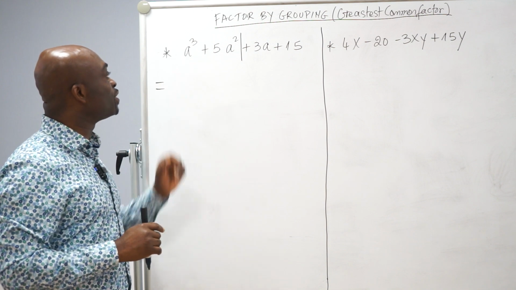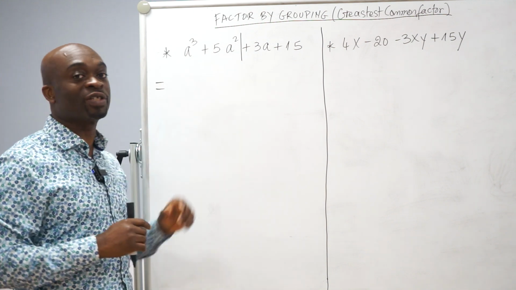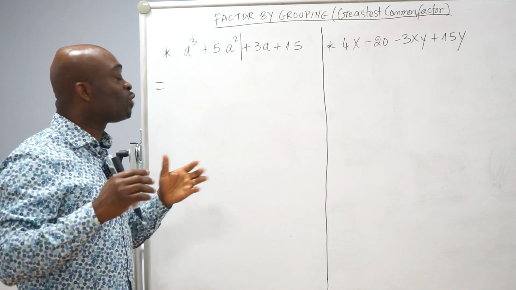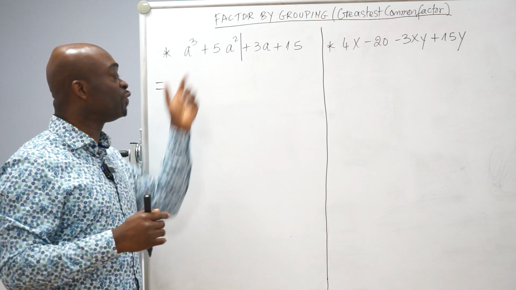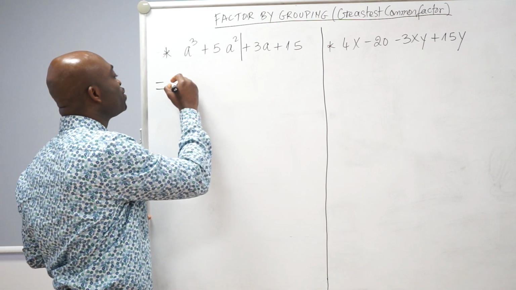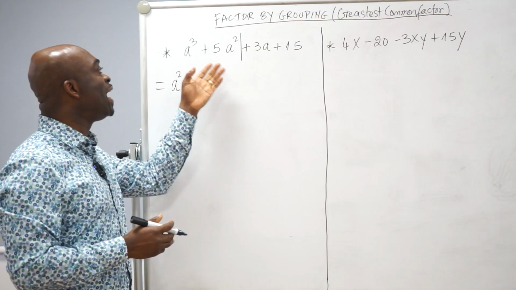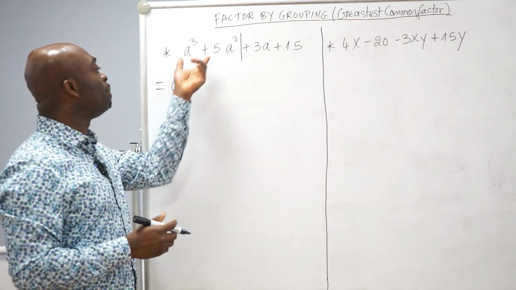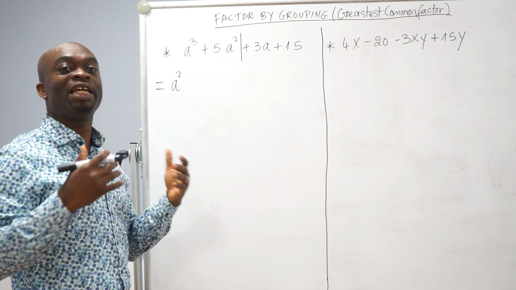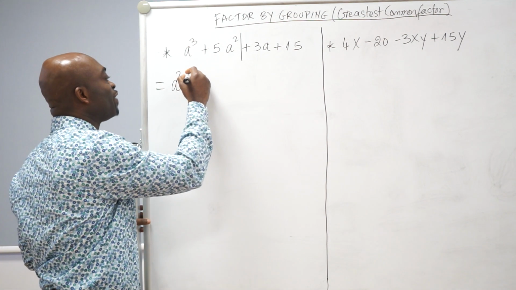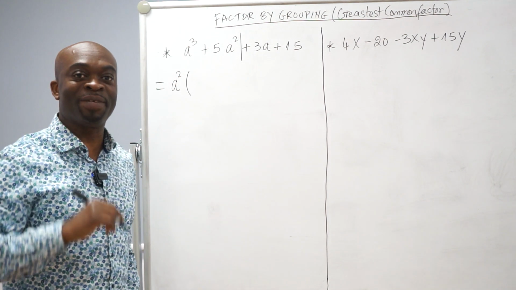But when it comes to the variables, we have a to the third and a to the second power. Which one is going to be the greatest common factor out of those two? It's going to be a to the second power. Why? Because if you divide these two by a squared, it's going to come out evenly. Let me give you a tip, ladies and gentlemen.